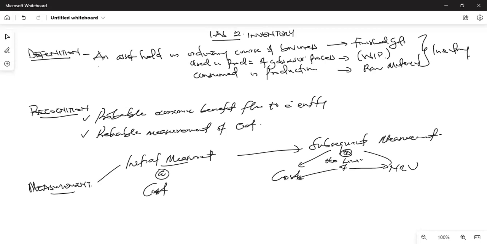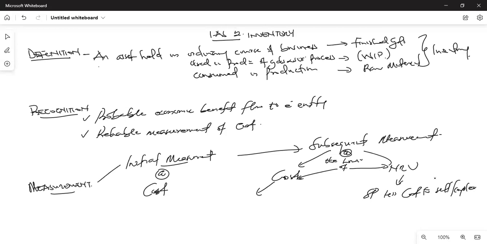When we say cost, we are talking about any cost incurred in bringing the thing into its useful condition. That one, I think by now you know already. But what about net realizable value? Net realizable value is the selling price less cost to sell or complete.